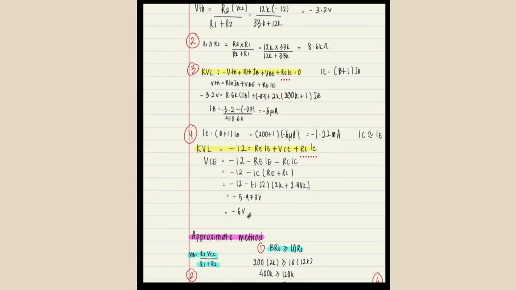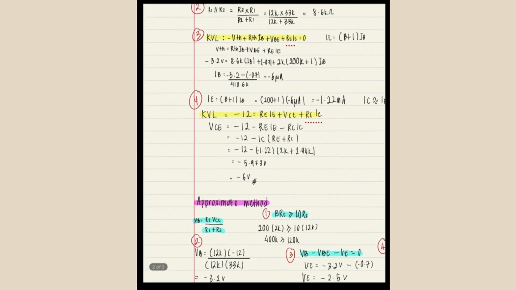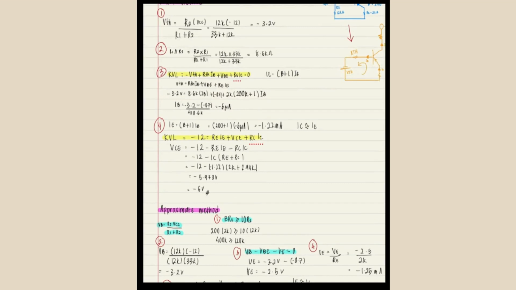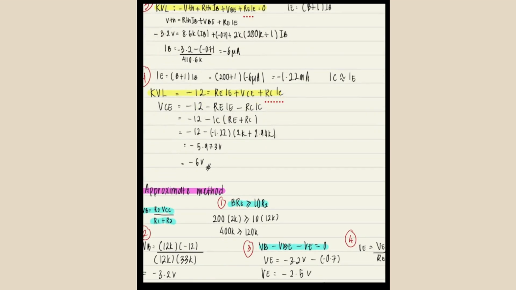Fourth, we want to find VCE by using KVL in this loop, and we assume that IC equals IE, and that's why IC equals negative 1.22, by using the IE formula, beta plus 1 times IB, and get the answer VCE negative 6 V.